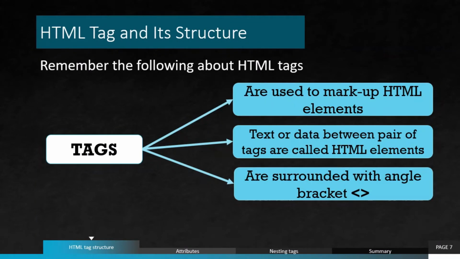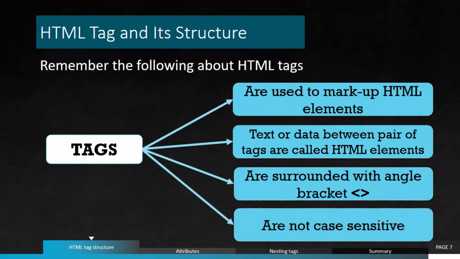Each tag is enclosed with angle brackets. Okay, so ito yung gamit natin na symbol para i-enclose natin yung mga tag name. And they are not case sensitive. So whether you type them in uppercase or lowercase, they would be read as the same. They would be interpreted by the web browser as having the same command or function.